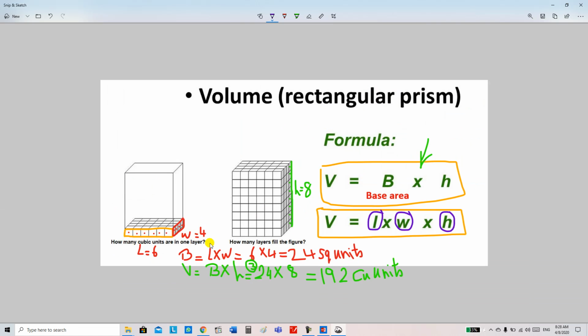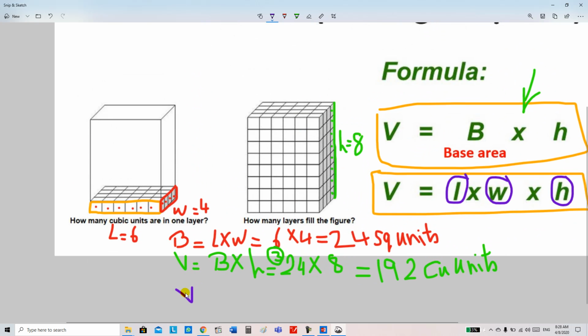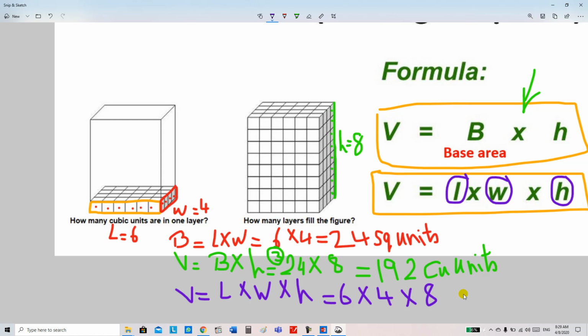As we said before, we can use volume equals length times width times height, where length equals 6, width equals 4, height equals 8, so it will be 192 cubic units.